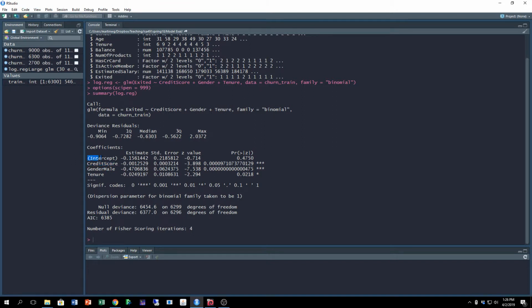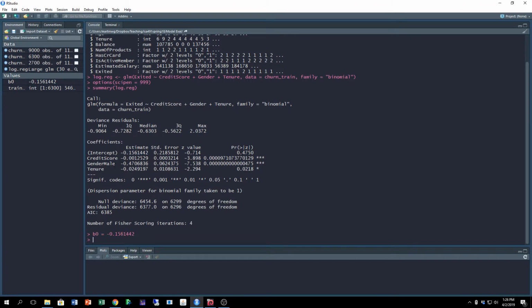So we have a y-intercept, a slope parameter for each one of the predictor variables, and then we have each one of these parameter estimates. Let's first do a few examples of predictions with these models so we understand what the logistic regression formula does. All right, so let's first set B0, and again, I'm just doing that. You can use any calculator to do that. So let's set B0 to that.